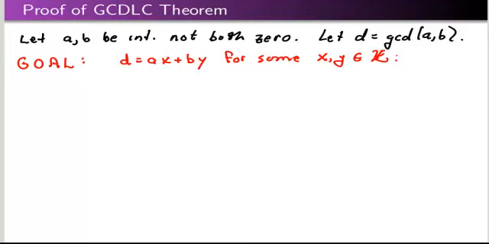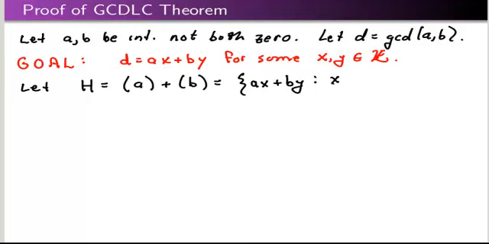Well, what am I saying here? I'm saying that it's some multiple of A plus a multiple of B. So what subgroup should I think about? Let's let H be this subgroup. Take the set of all multiples of A plus the set of all multiples of B. So this is precisely the set of all objects of this form where X and Y are integers.